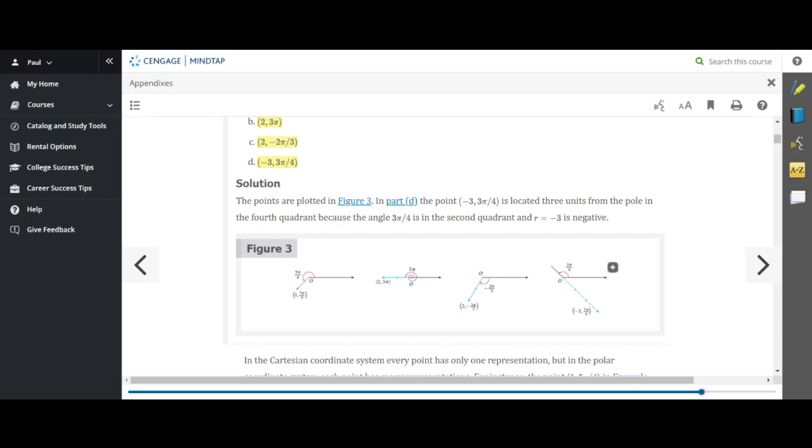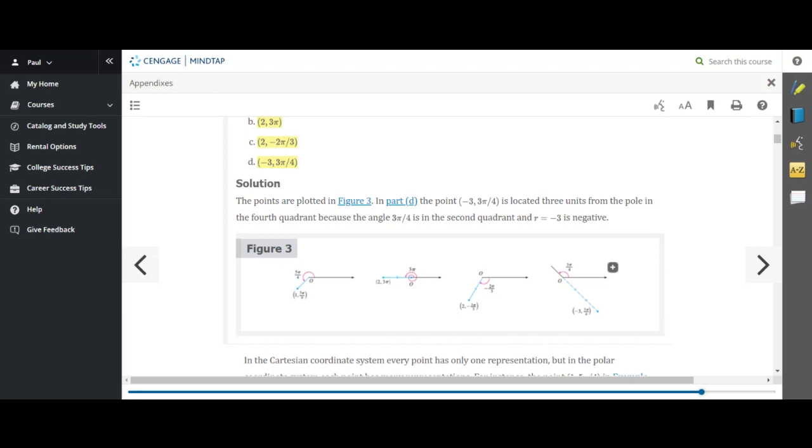And then finally D, that polar coordinate, you have a radius of negative 3 and an angle of 3 pi over 4. Well, 3 pi over 4, that's 3 times 180 degrees divided by 4. That is 135 degrees.